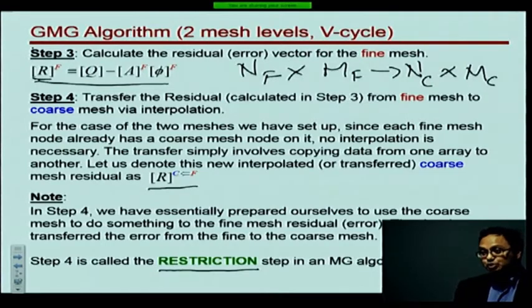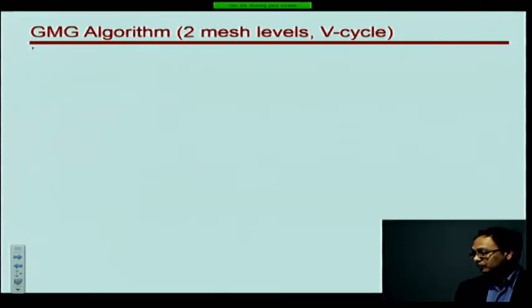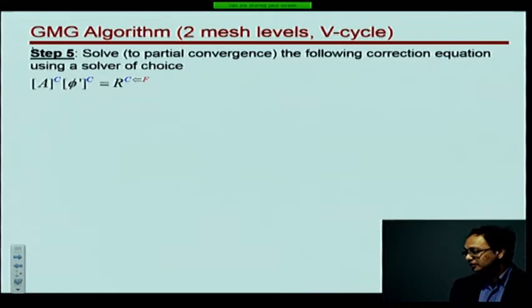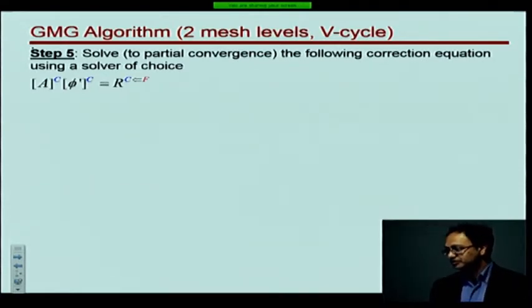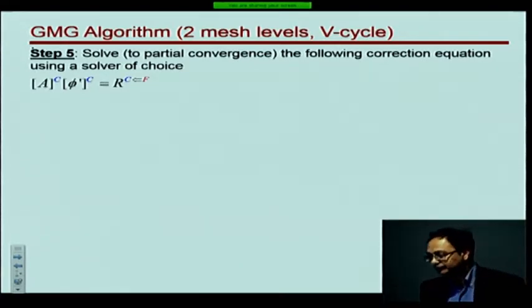Next, we are going to solve to partial convergence the correction equation on the coarse mesh. This is called smoothing on the coarse mesh, smoothing of errors on the coarse mesh. That's what it's called. So here, you've transferred this residual. If you recall, going back to several lectures ago, we talked about the correction form of equations.